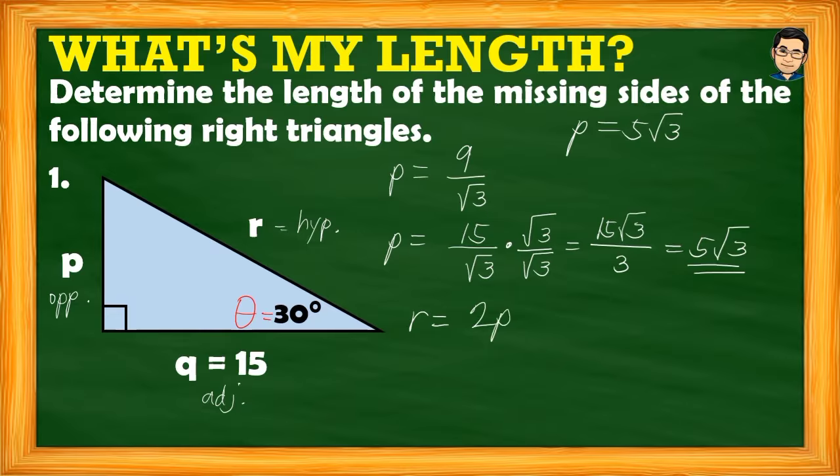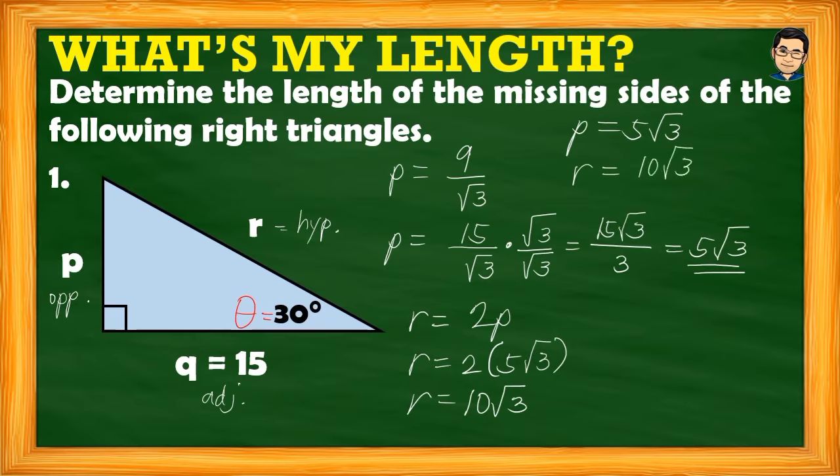So, kung ano yung sukat ng P, dodoblihin lang natin. So, R is equal to 2 times the value of P, 5 square root of 3. So, 2 times 5 square root of 3, that is 10 square root of 3. And then, pwede nating i-check yan using Pythagorean theorem. Kung tama ba yung mga nakuha nating values. So, ayan.